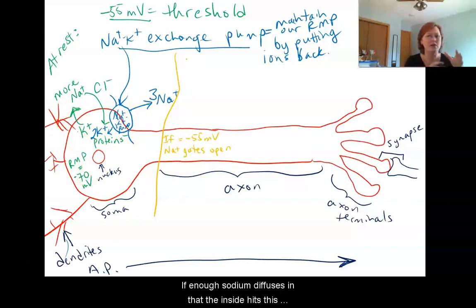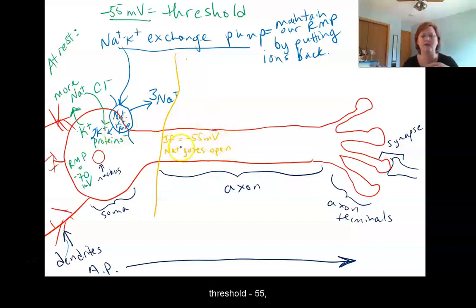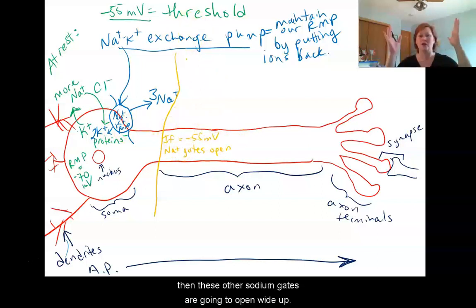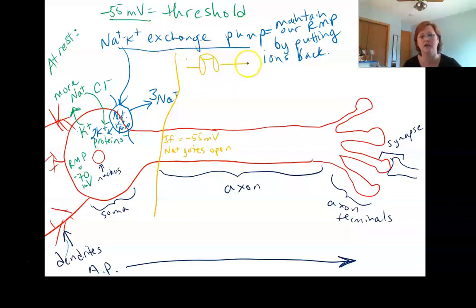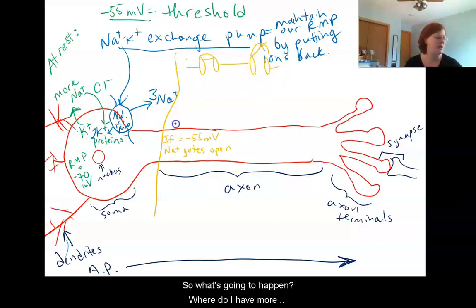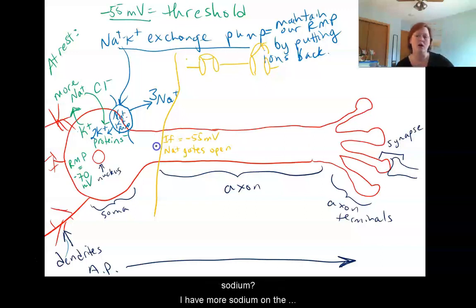If enough sodium diffuses in that the inside hits this threshold, -55, then these other sodium gates are going to open wide up. So imagine that I have a membrane here, and here's a protein channel, and it's closed. And then at -55, it opens. So what's going to happen? Where do I have more sodium?